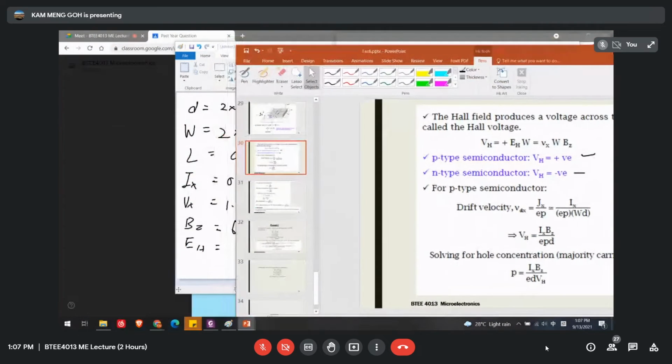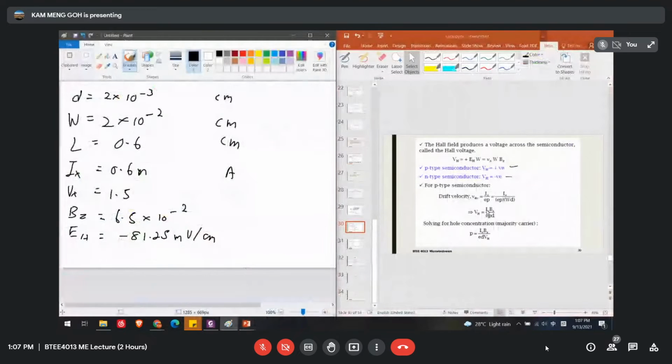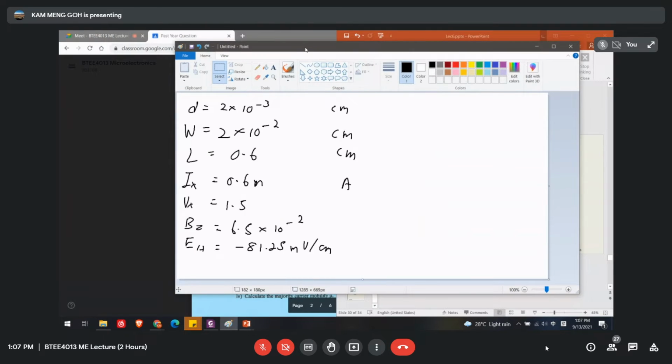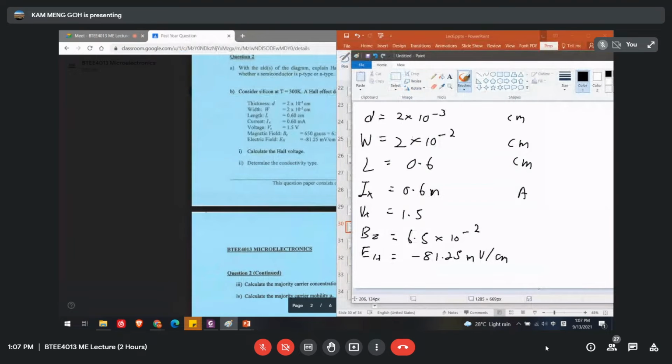IX is given, BZ is given, D is given, but we don't know P yet. So to calculate it, we use VH equals EH multiplied by W, where W is the width, 2 times 10 to the power negative 2. But one thing you have to know is that when we are doing the Hall effect, we need to convert everything into SI units. Originally everything is in cm, so you need to convert it back to meters. This is how we are going to do it.